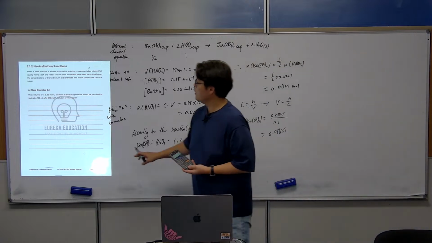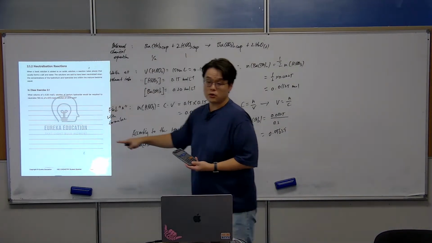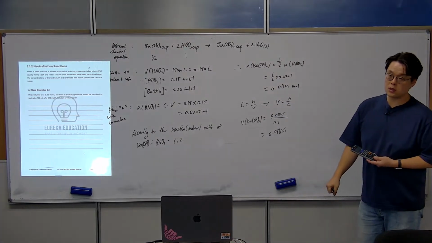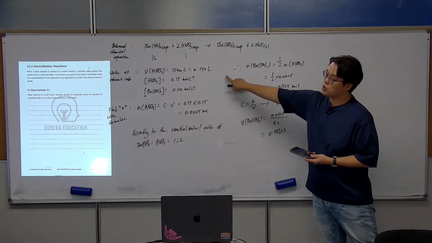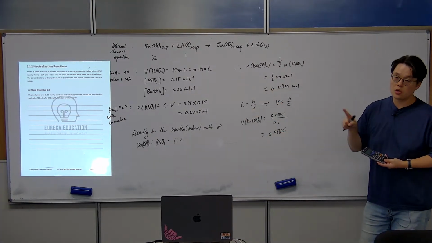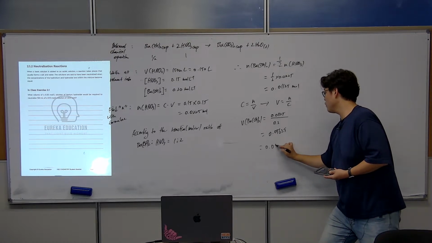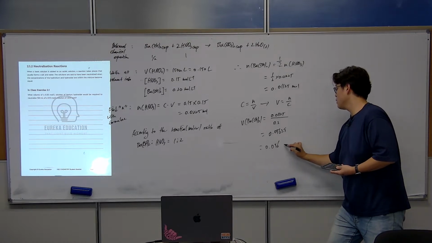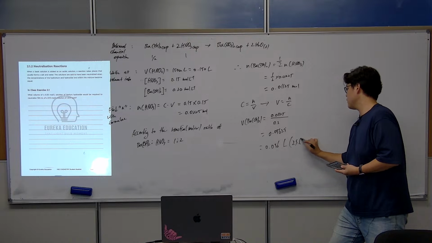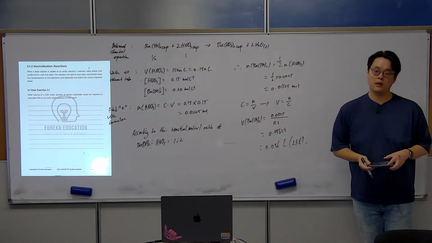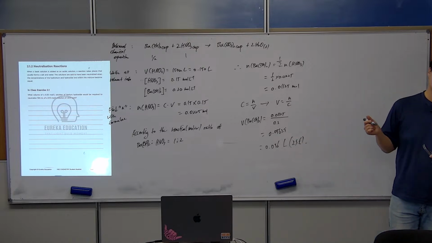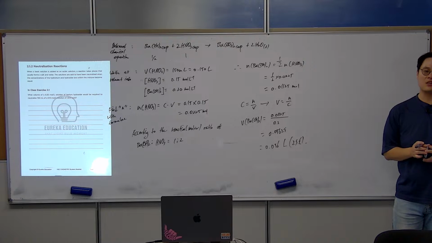If you're given 2 sigfics in your question, or if you use the 2 sigfics in your calculations, you need to follow the sigfic of 2, that is 0.056 liter. This is the final mark. And guess what? If you have that question in your school exam in year 12, there will only be like 2 or 3 marks.